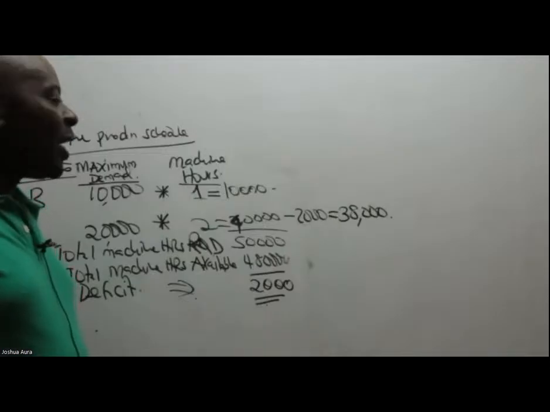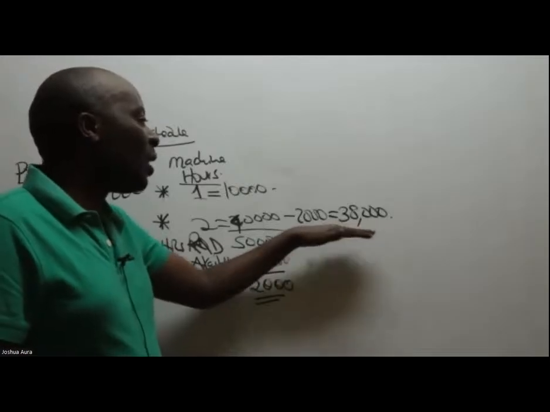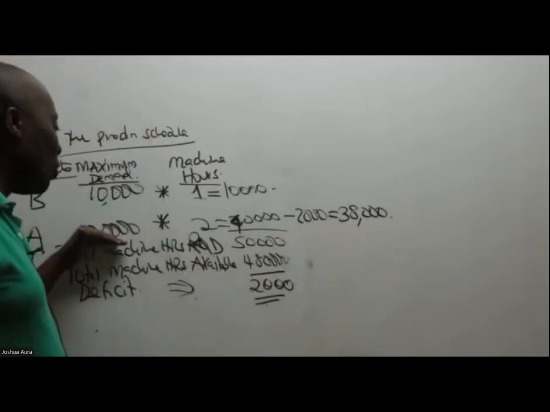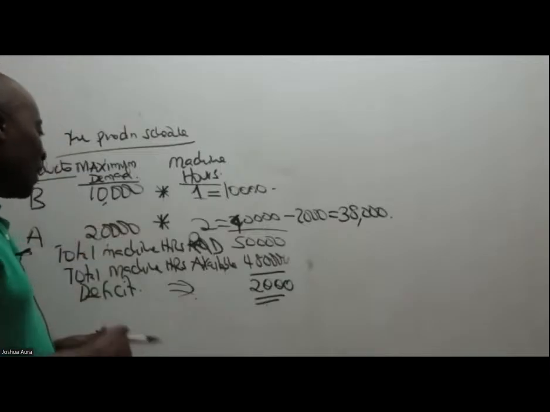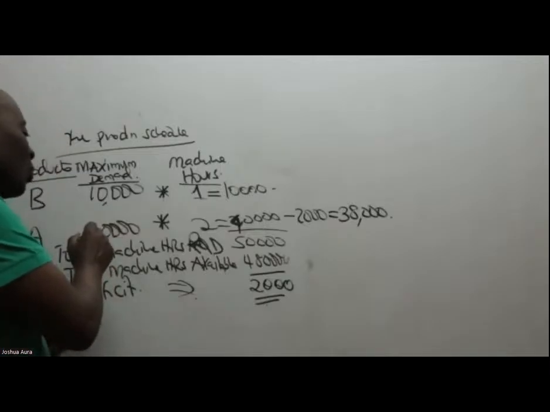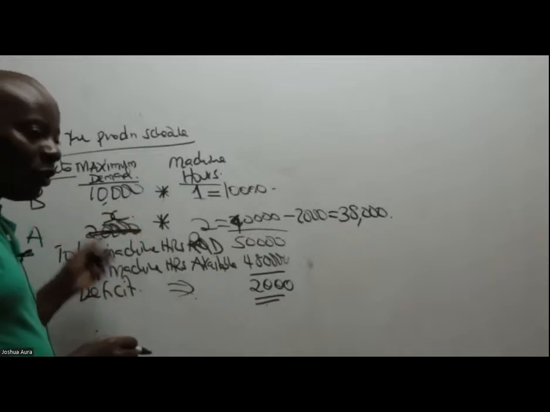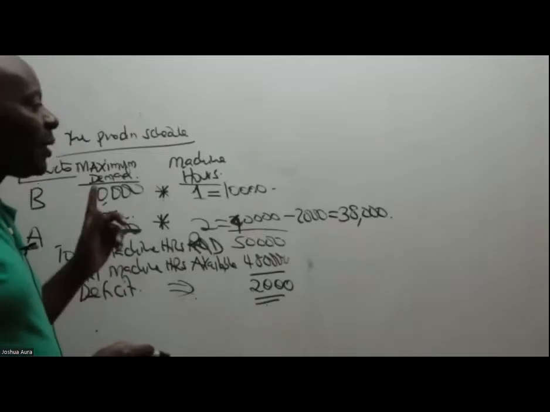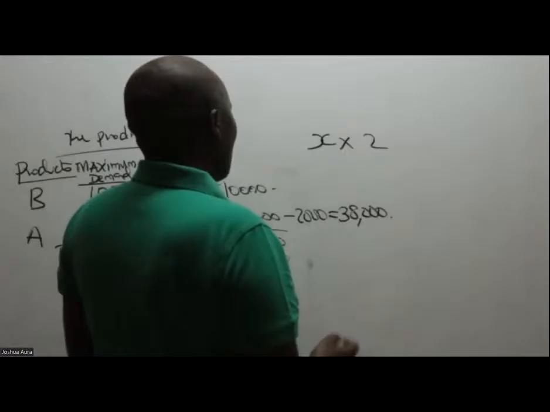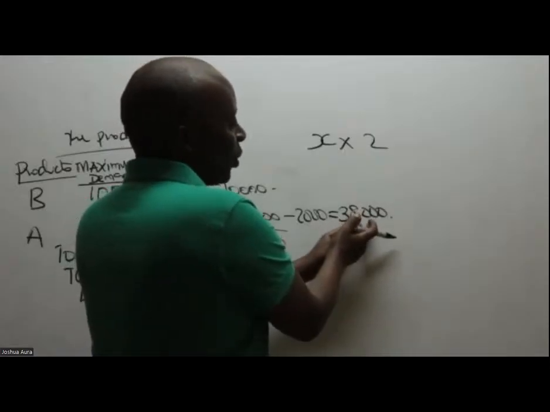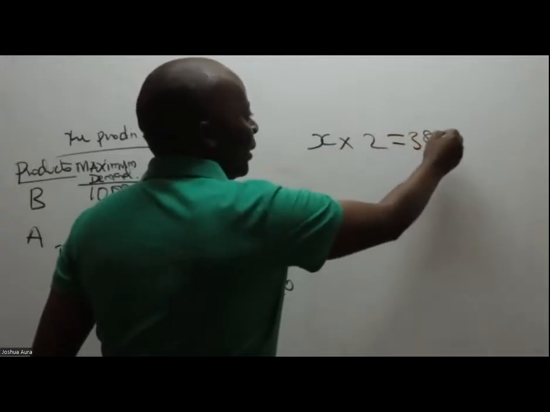What does that mean? If I've slashed the resources of A to 38,000, then I must also slash the units here. I assume the quantity here is not known, so I let the new quantity of A be X. X times 2 should be equal to the available resources, 38,000.